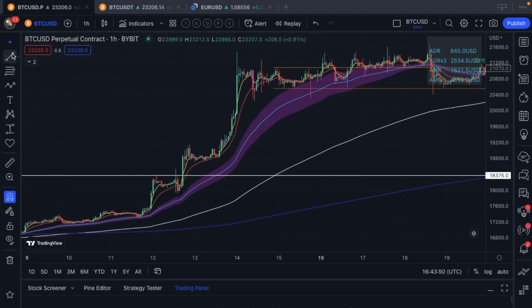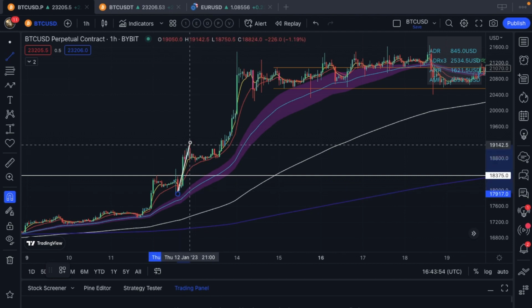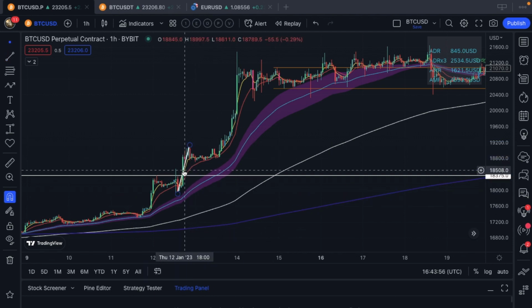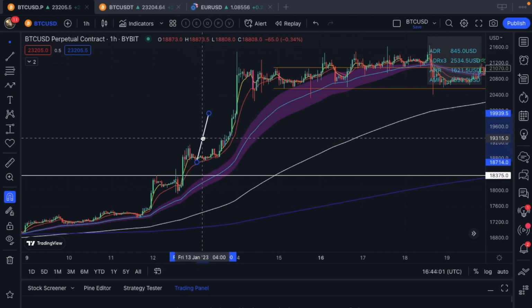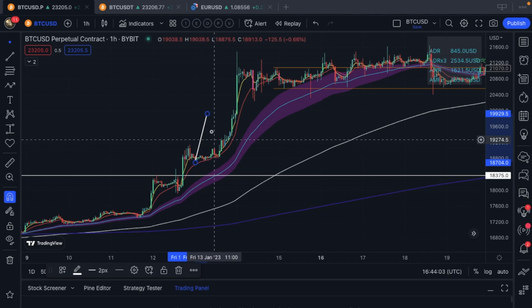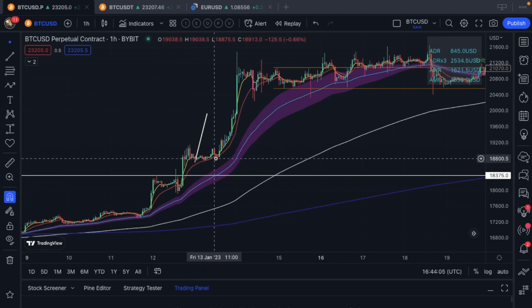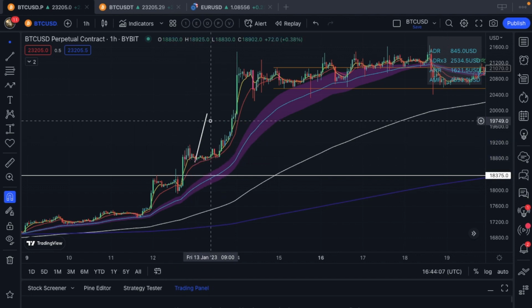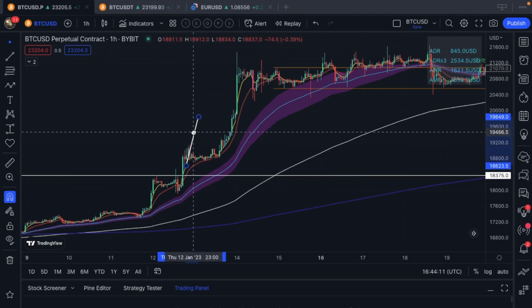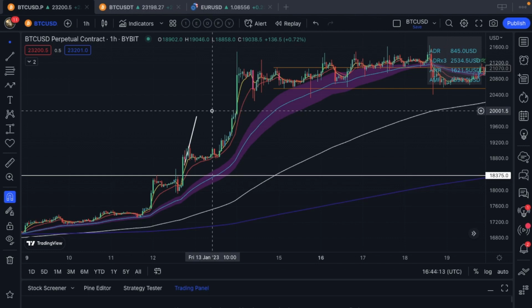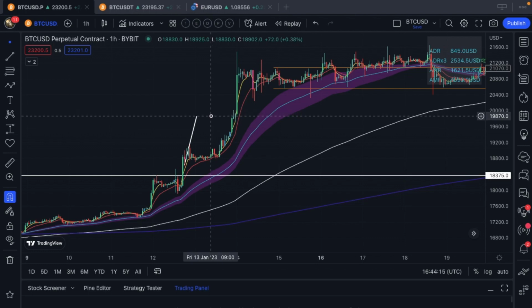So if you take the low to the high, and then you take the low of the consolidation of level 1 to the high, actually, the low is right there. Look at where that brings us.